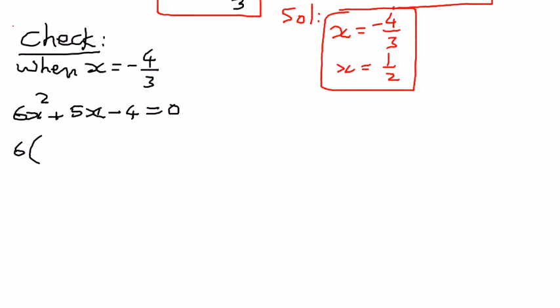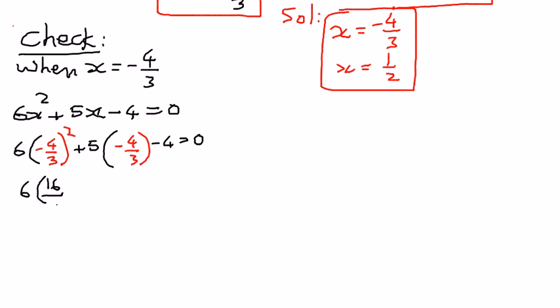6 times -4/3 raised to the power of 2, plus 5 times -4/3, minus 4 is equal to 0. So here we can write this as 6 times, negative times negative is a positive, 4 times 4 is 16 divided by 3 times 3 is 9.